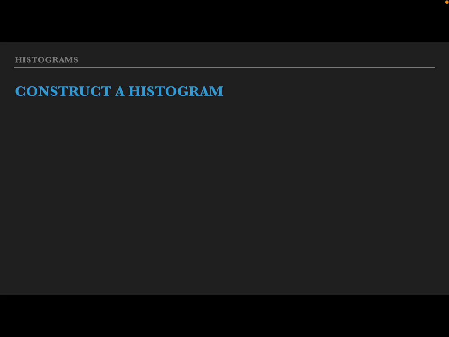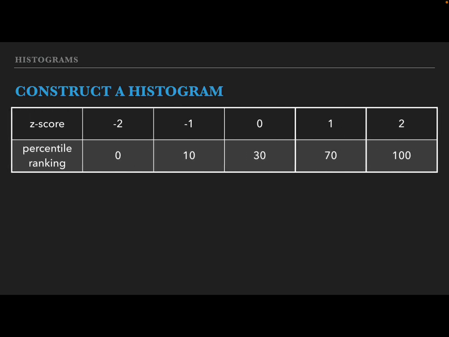Next, we are going to learn one way to construct a histogram with z-scores and percentile rankings. Let's use an example to illustrate that. Suppose we have the percentile rankings of various z-scores of the distribution, and we are asked to construct a histogram for that distribution based on this data. How should we do that?